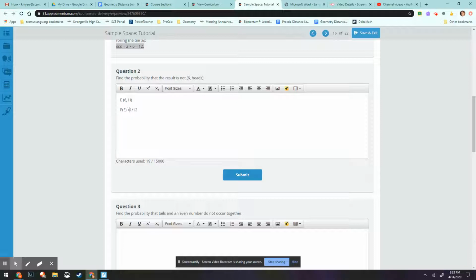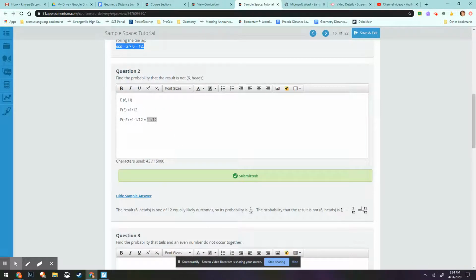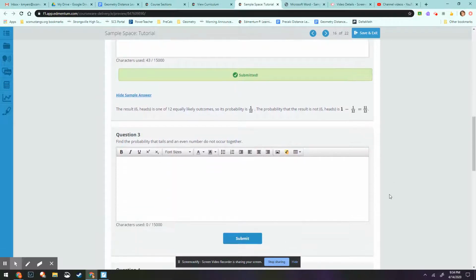And then if I want P of not E, what I'm going to do is 1 minus 1/12, which will give me 11/12. So another way to think about it is every 12 ways, there's one way to get 6 and a heads. That means there's 11 ways to not get that. Okay, so this is our answer, 11 over 12. Yeah, we got it.